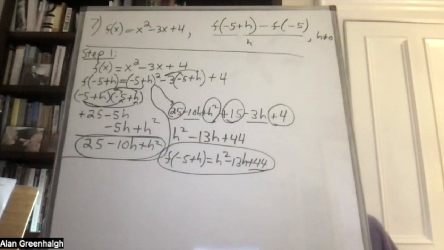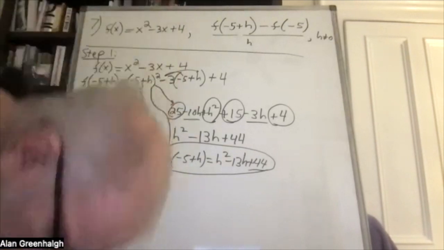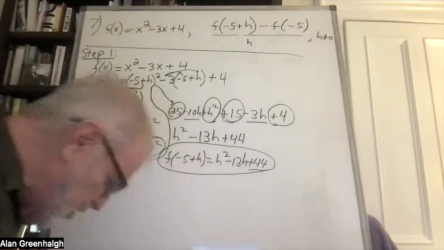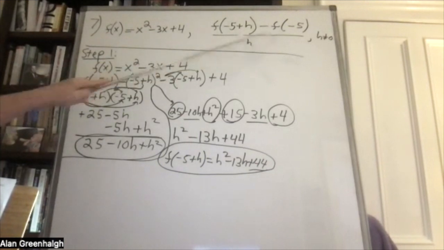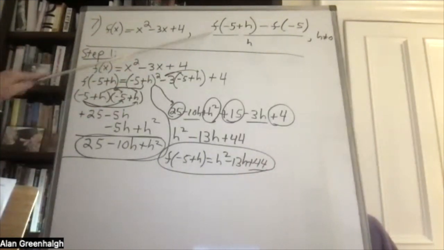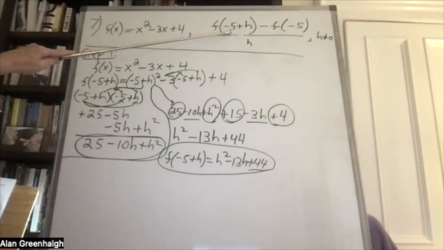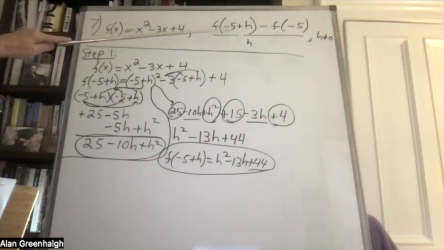So again, let me restate what I just did. This is what I'm given right up here. So you take this part and you substitute, wherever you see an x, negative 5 plus h, which is what I did here.